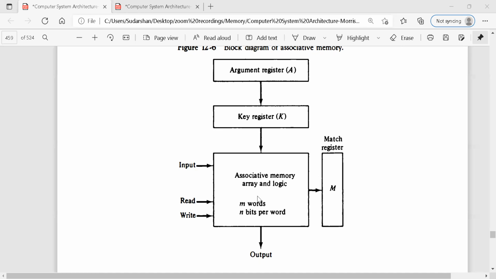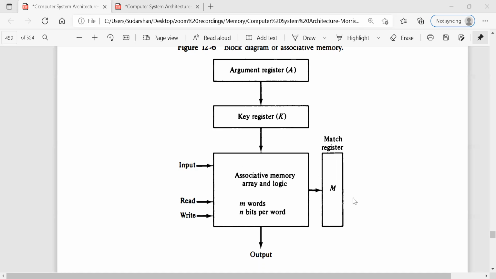Then whenever a word matches with the content of the argument register, presuming all the bits have to be compared, that means if all the n bits of the argument register match with word 1 of your content addressable memory, then the corresponding match register bit will be set to 1. Assume there are going to be m words.